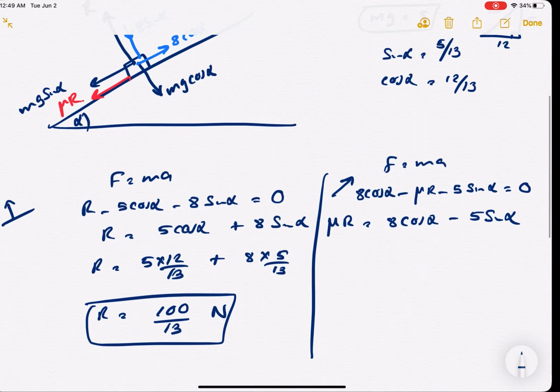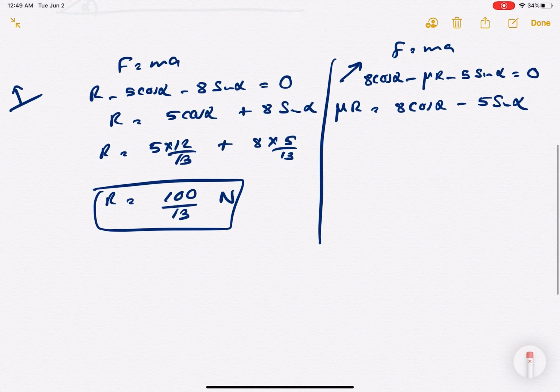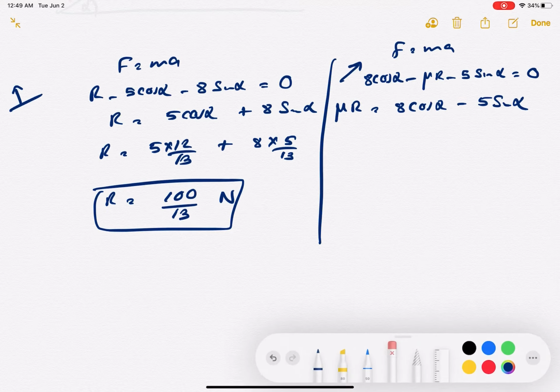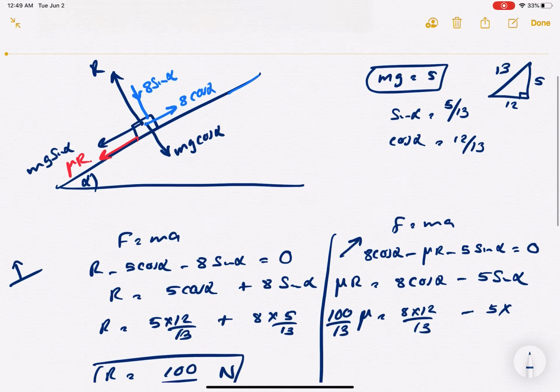R is 100 over 13, so 100 over 13 mu is equal to 8 into 12 by 13 minus 5 times 5 over 13.